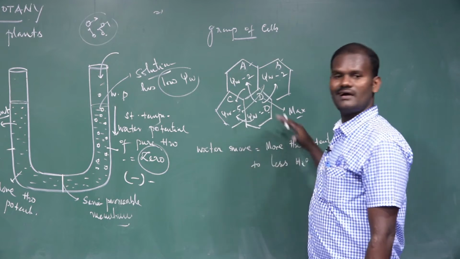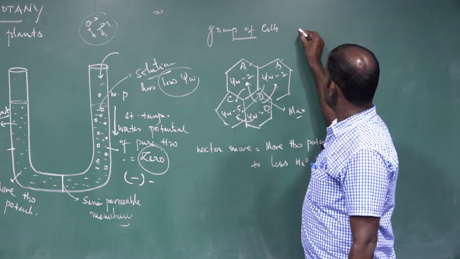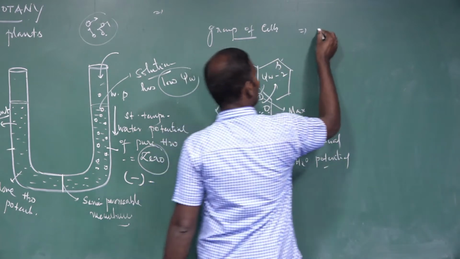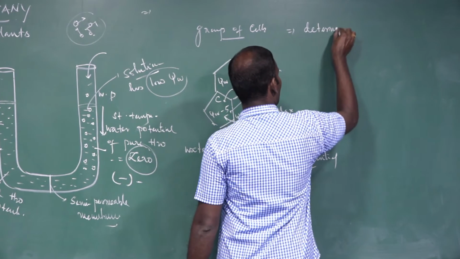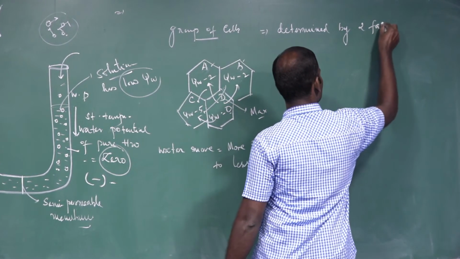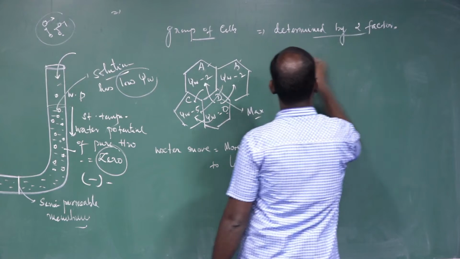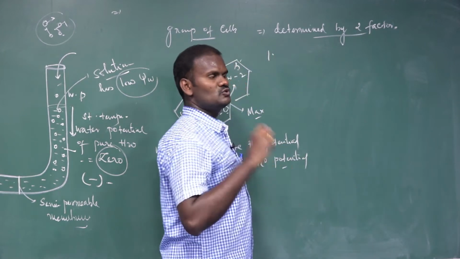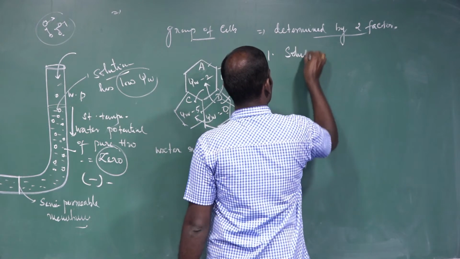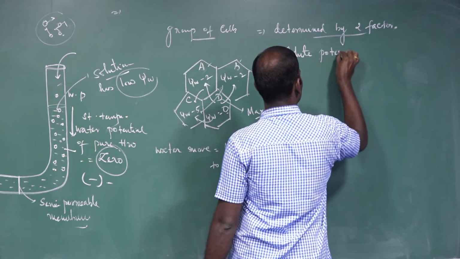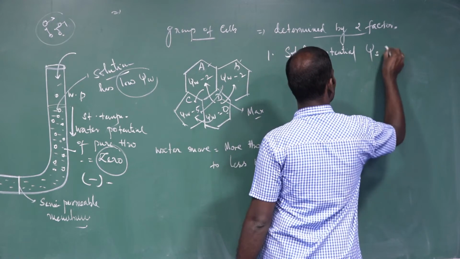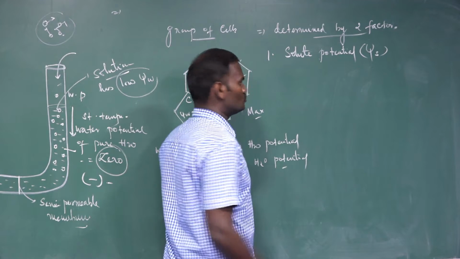So based on this consideration, water potential can be determined by two factors. One is solute concentration, also called solute potential, denoted as psi S. S refers to solute.